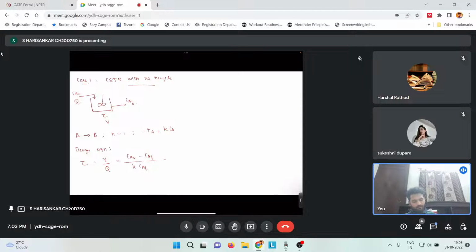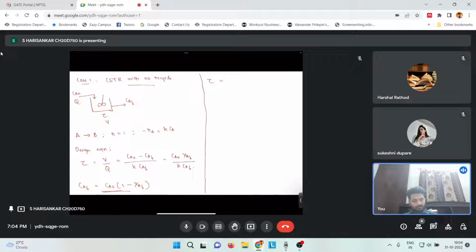You can also write this as CA0 into XAF by kCAF. Now we can write CAF as CA0 into 1 minus XAF. So just rewrite this equation for tau.